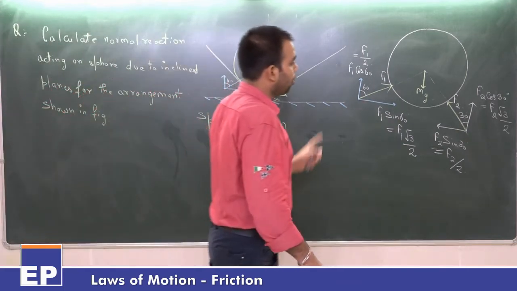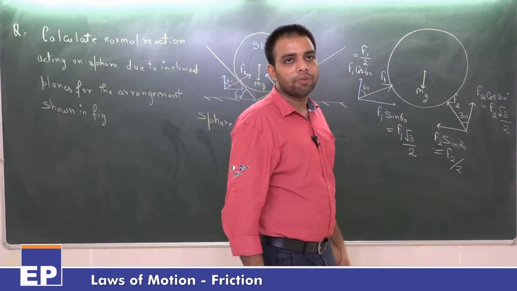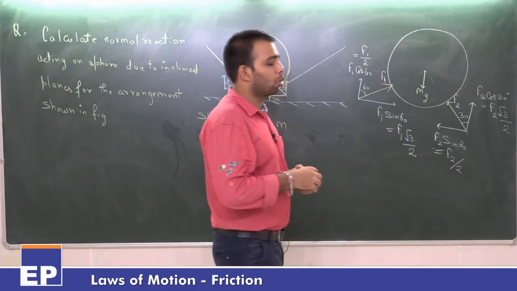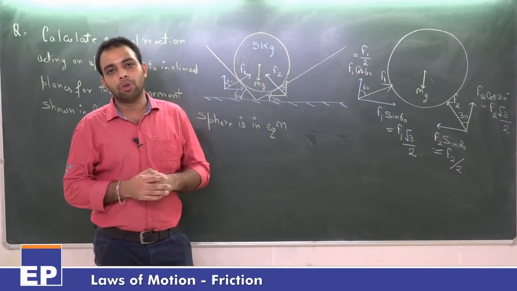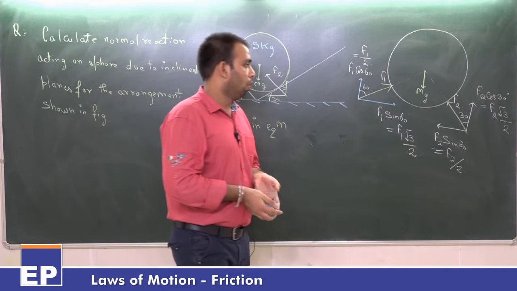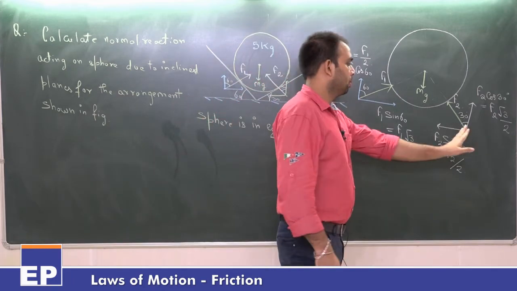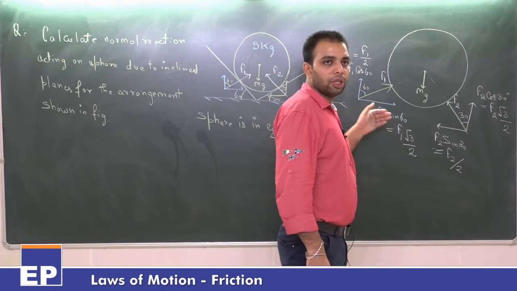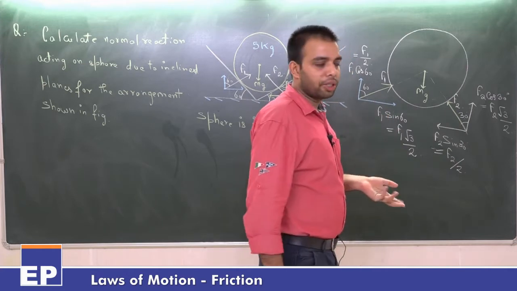अब देखो, if you look at this, so this is in equilibrium. If anything is in equilibrium, then the total net force is 0. Now, these are the forces acting in the x direction.